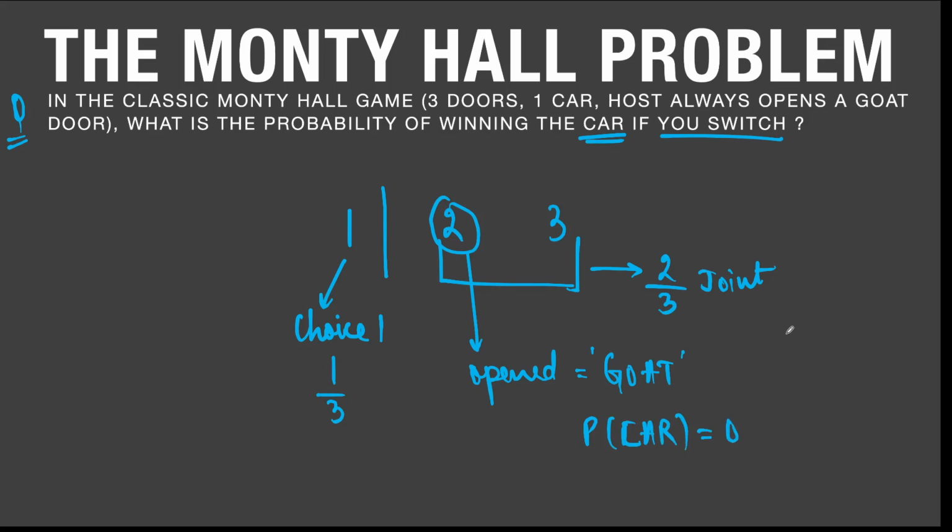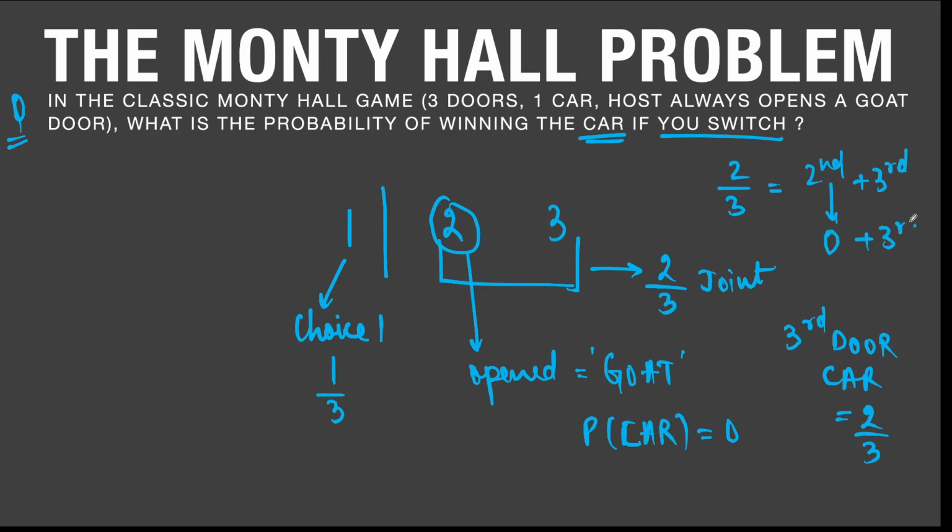That is why the probability of the third door having a car comes out to be 2 by 3. Why does it happen? Because in a joint probability of 2 by 3, you had door number second and door number third. When the second door opened, it had a goat, so its probability dropped to 0.